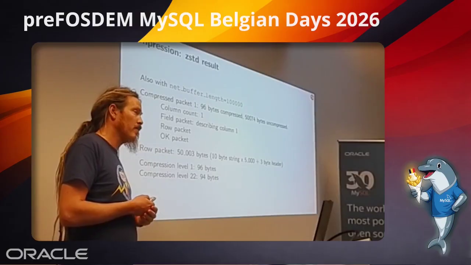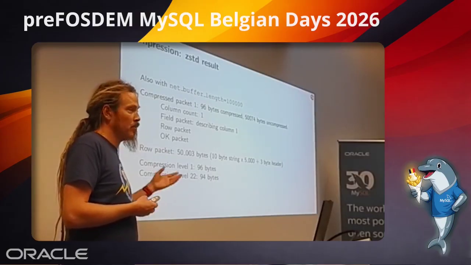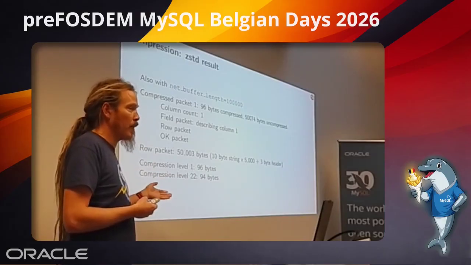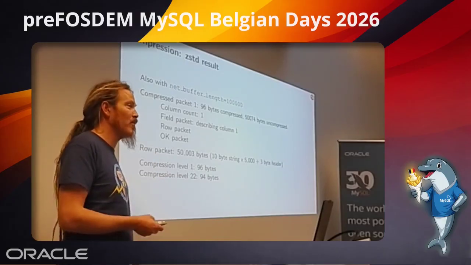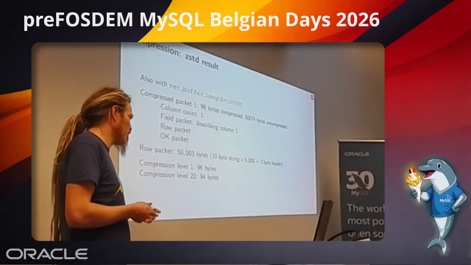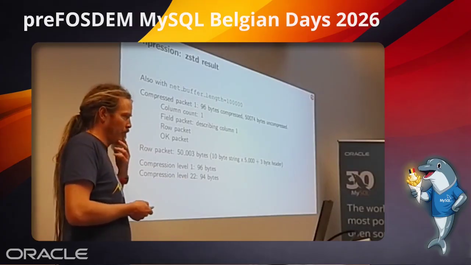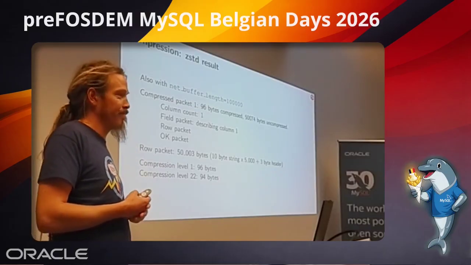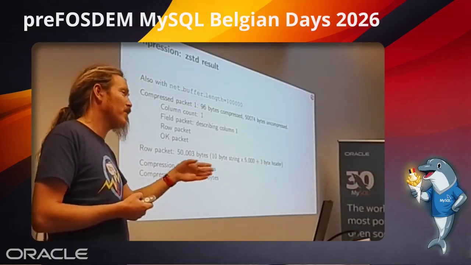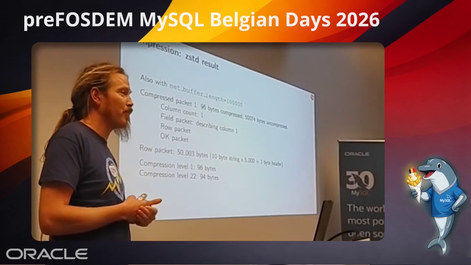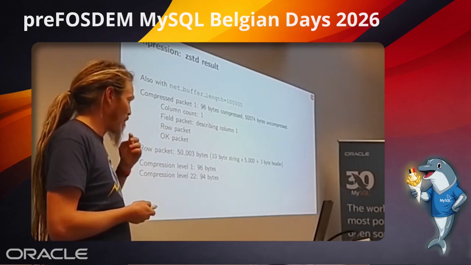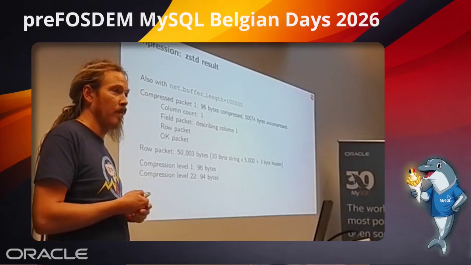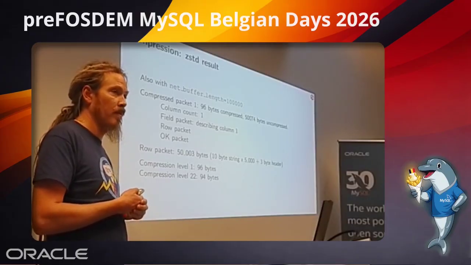So we can increase the net buffer length to say 100K, and then the whole result set is sent in a single compressed packet of 197 bytes compressed and just over 50K uncompressed with everything in there. So because it's a single packet, there's a little bit less overhead when it comes to bytes.